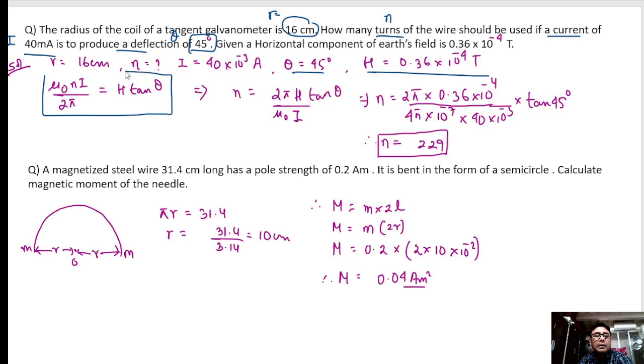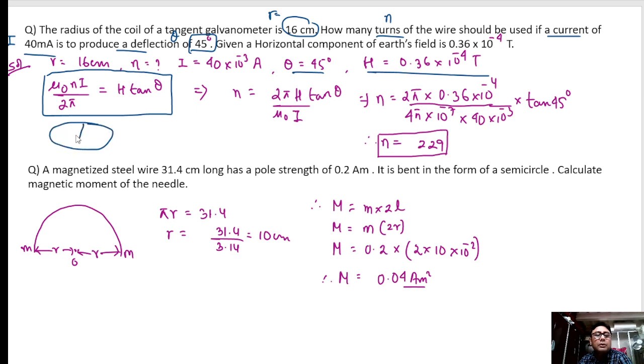This is the force acting at the center, which will be μ0 I by 2π. This is due to the straight wire. Sorry, this is for a circular wire.